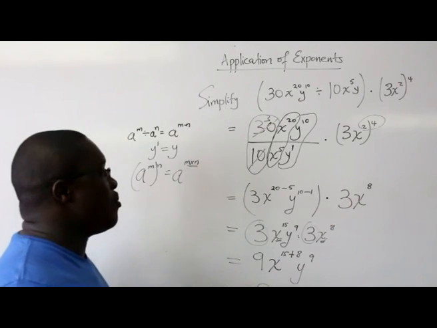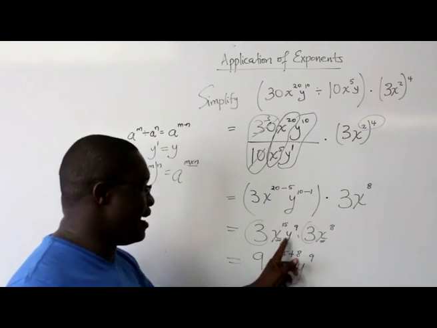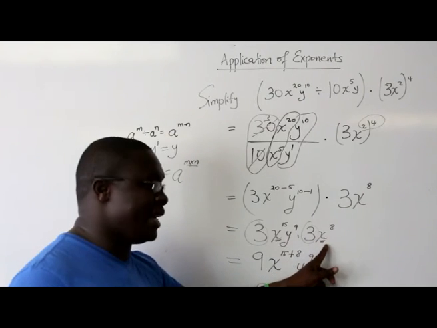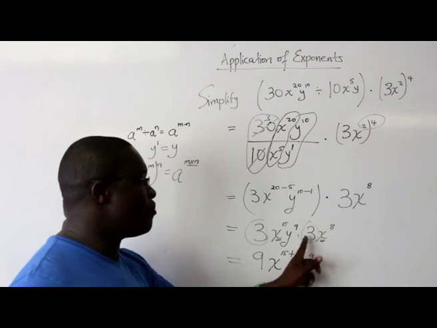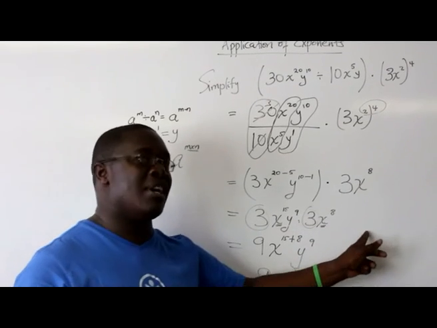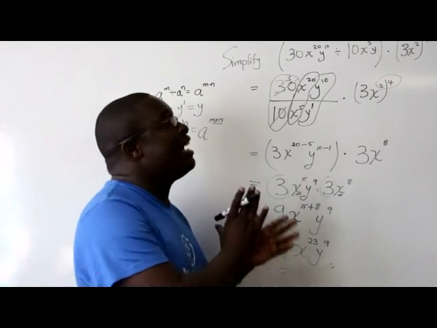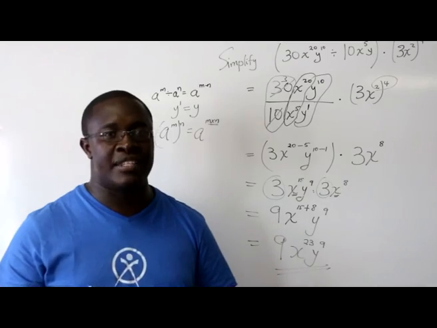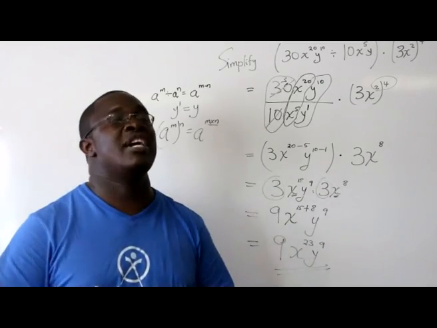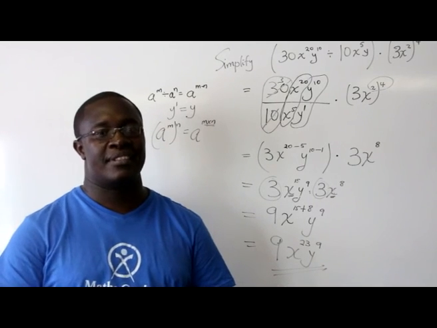And then we were able to multiply this x and that one here because they have the same base, so we added their exponents to get 23, and y remained the same because there's no other y that we're multiplying with. So this is just a simple illustration of how you use the laws of exponents when faced with bigger equations or bigger algebraic expressions.